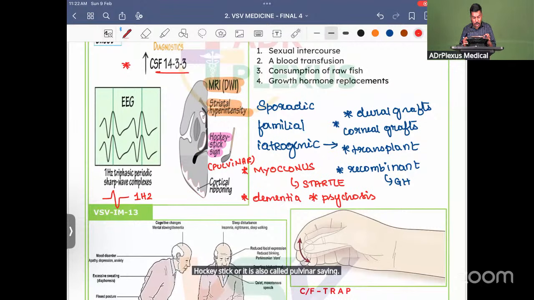And along the cortex, you can see the ribboning, which is called cortical ribboning. So you get to see cortical ribboning, pulvinar sign, and hockey stick sign. So these are the MRI features you get to see.